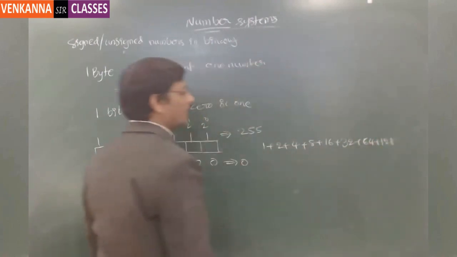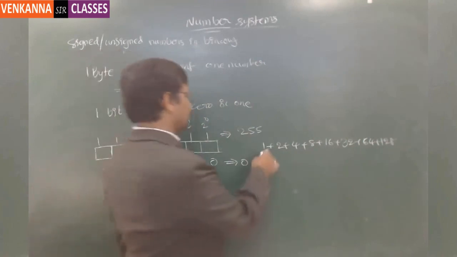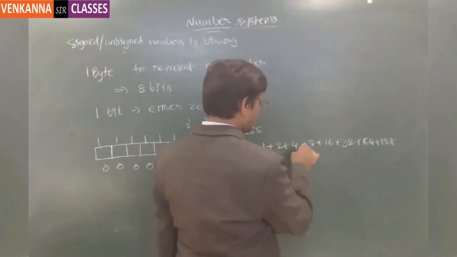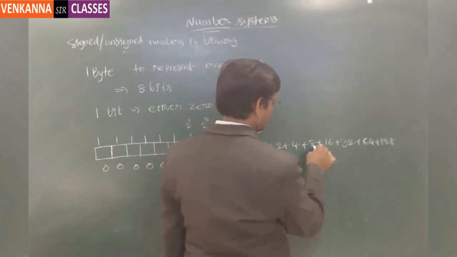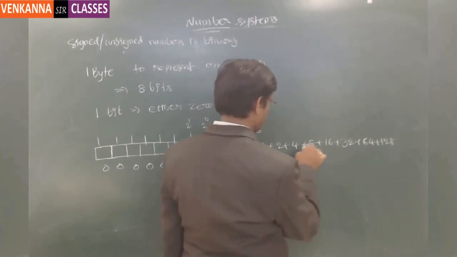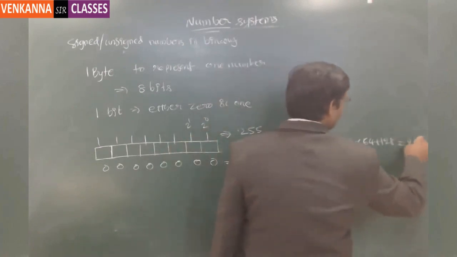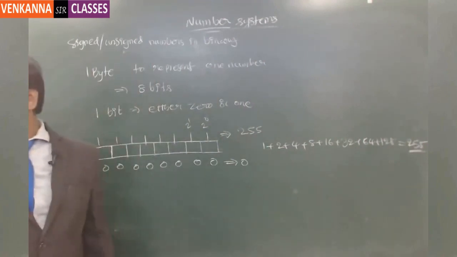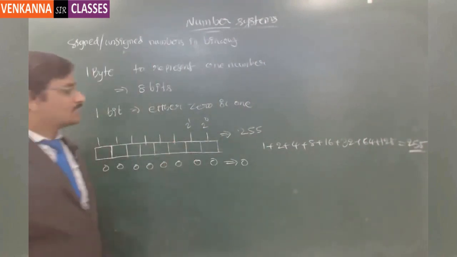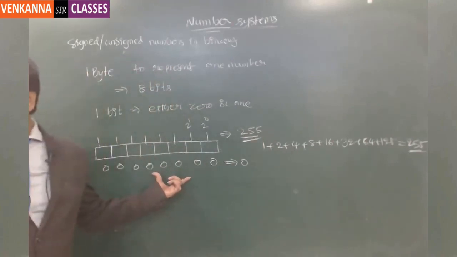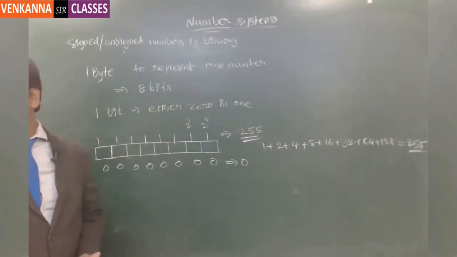Now the sum of all these things is going to be 255. Got it? So this is 255. That means you can represent a maximum of 255 and a minimum of 0 with the help of these 8 bits. Got it?